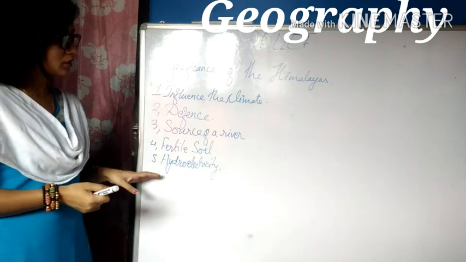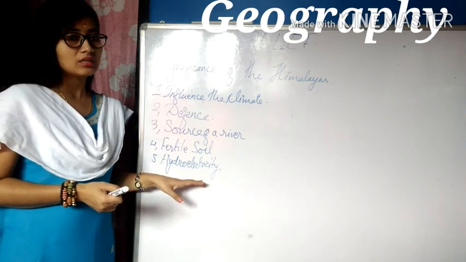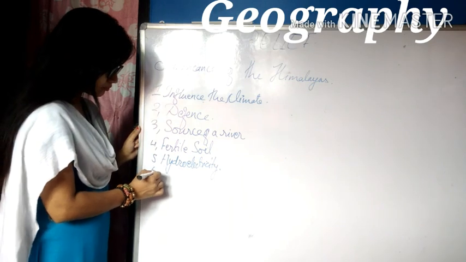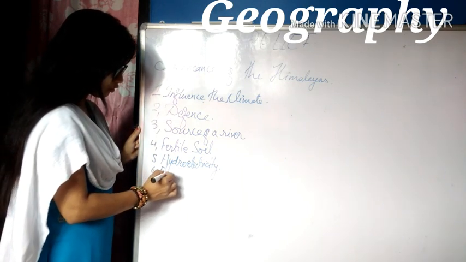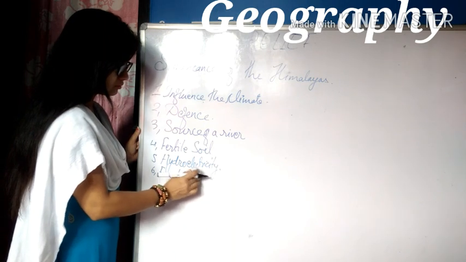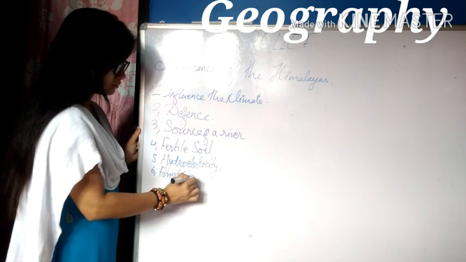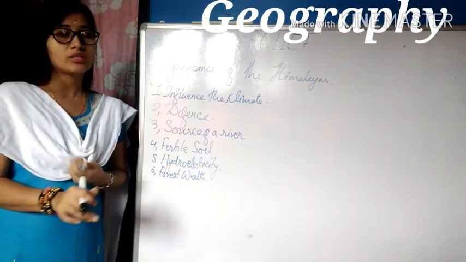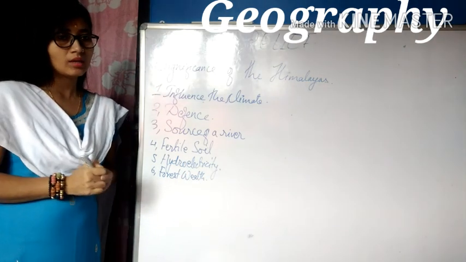So the fifth significance is that it generates hydroelectricity. The sixth significance we have is forest wealth.